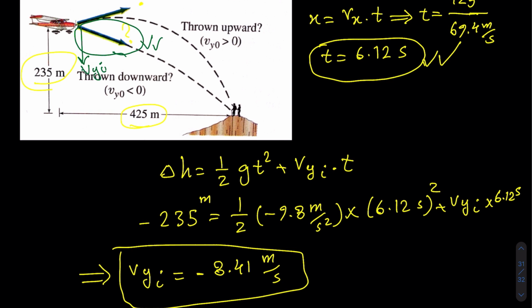But this Vy initial, or this initial velocity towards the y-axis or vertical axis, is not a uniform velocity. It has acceleration because it is free fall motion in this direction, right? So therefore Vy initial will be different from Vy final here.